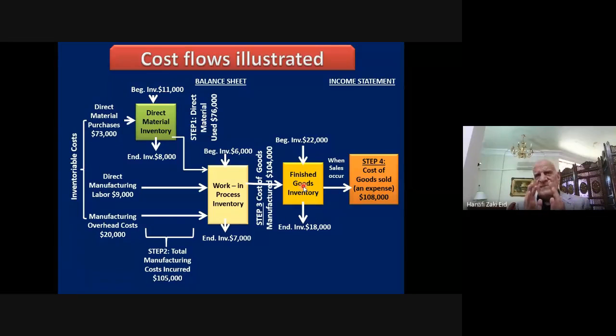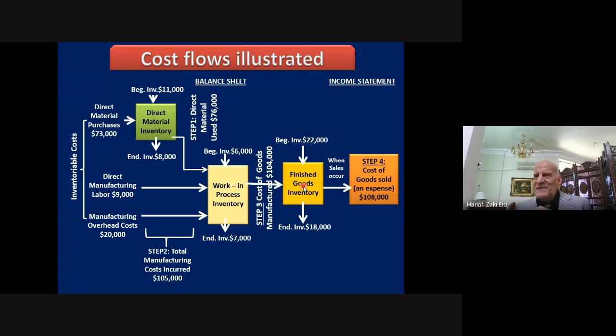As long as the firm acquires the goods, all the sacrifices made on these goods are called costs. But when these goods are sold, the cost is called expense.